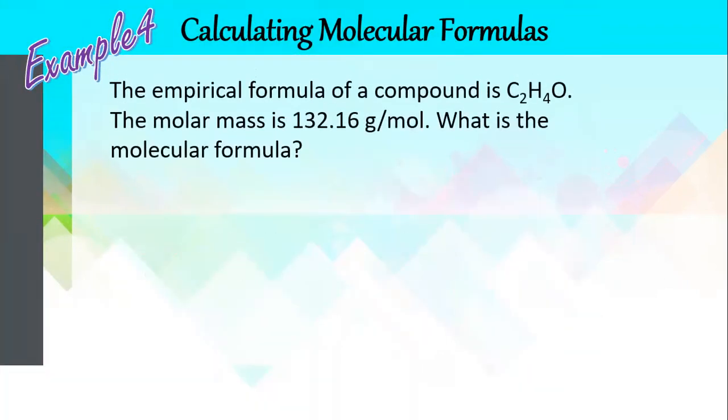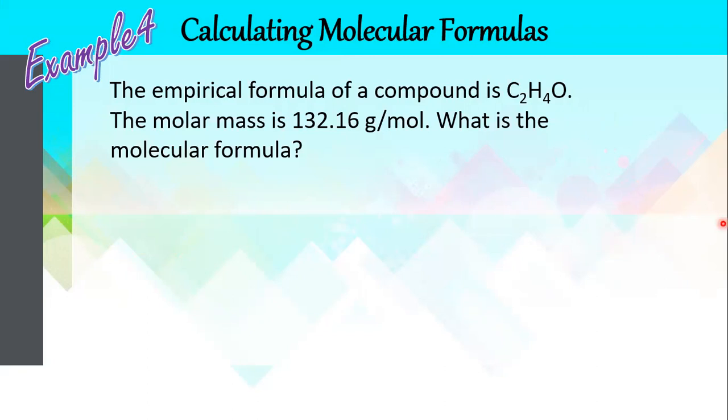Okay, so the empirical formula of a compound is C2H4O. The molar mass is 132.16 grams per mole. What is the molecular formula? We have the given empirical formula, which is C2H4O, and we have to find the molecular formula.